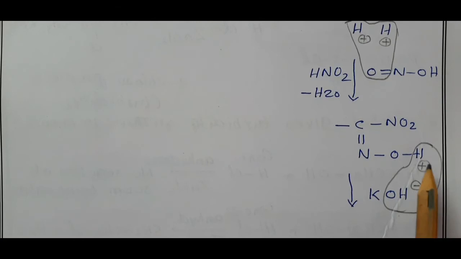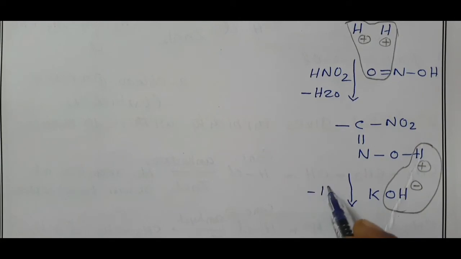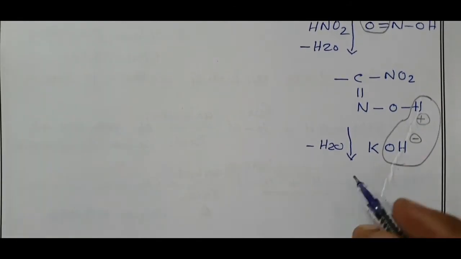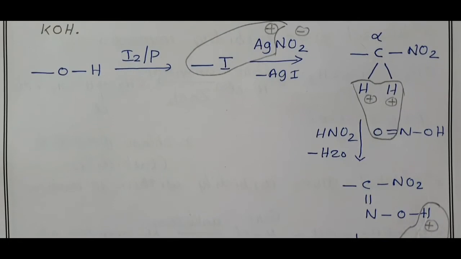If there is no acidic hydrogen, no reaction with potassium hydroxide takes place. Now here also a water molecule is removed. The H plus ion is now replaced by potassium plus ion, giving NO2, double bond, NOK. From the color of this compound, alcohol is identified. This is in the case of primary alcohol. We will write the reaction, don't worry.